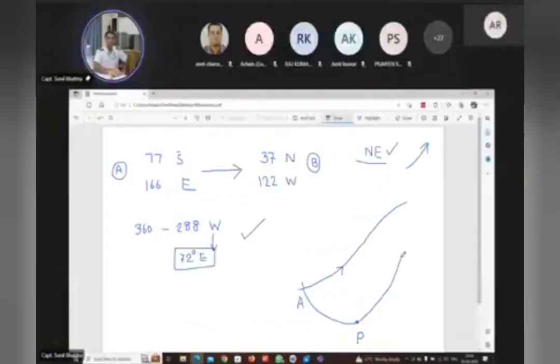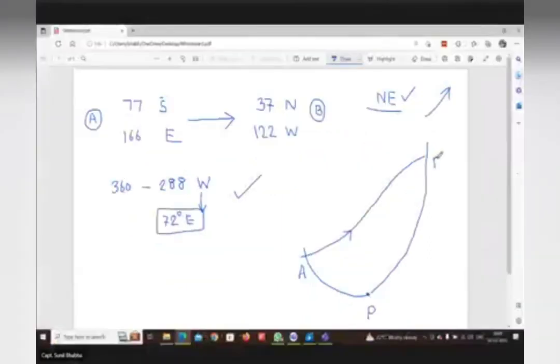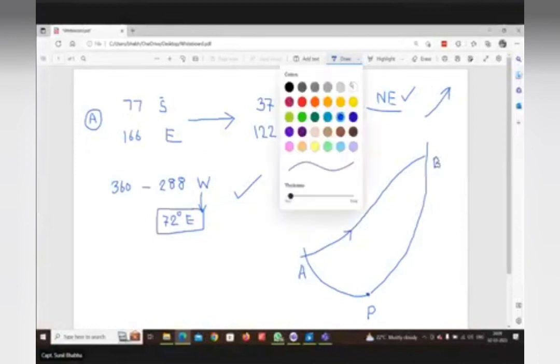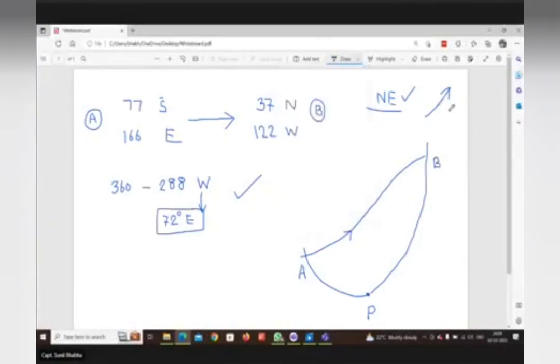This will be my second position. This is position B. If you want, you can also make the equator in this, because we are moving from the south to the north hemisphere. The equator will be somewhere here. This will be the equator. And this will be our PAP triangle. Here is the diagram on your screen.